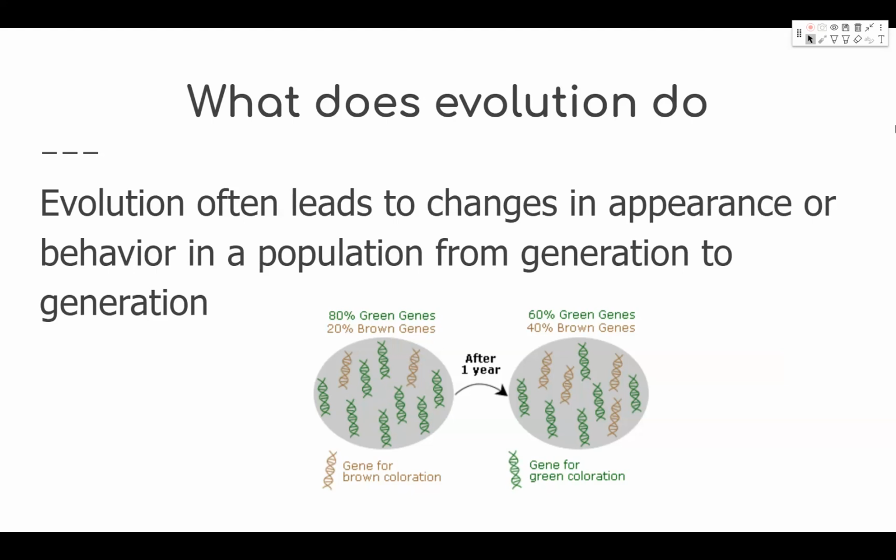More commonly, it is physical appearance rather than behavior. Behavior is a lot more learned than it is genetically determined. And genes for physical appearance are easier for evolution to act on, which we'll see in a moment.